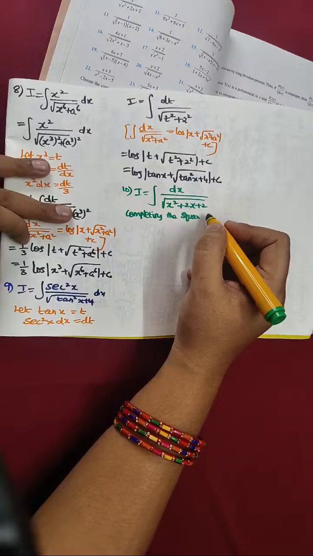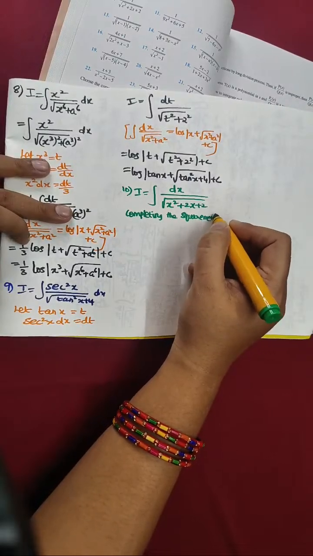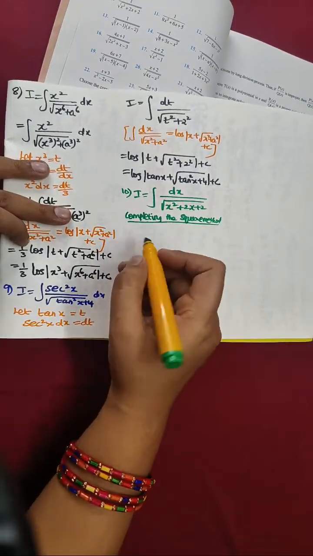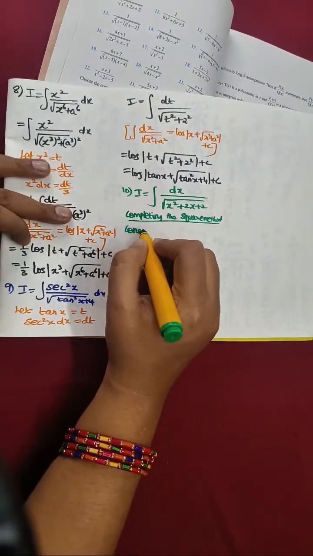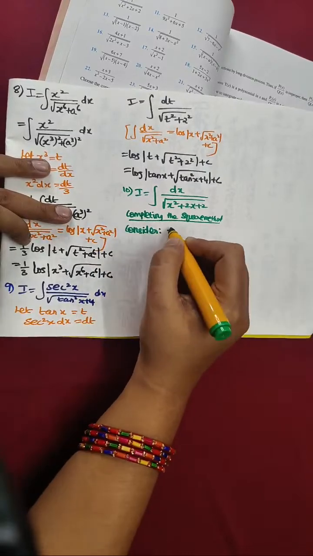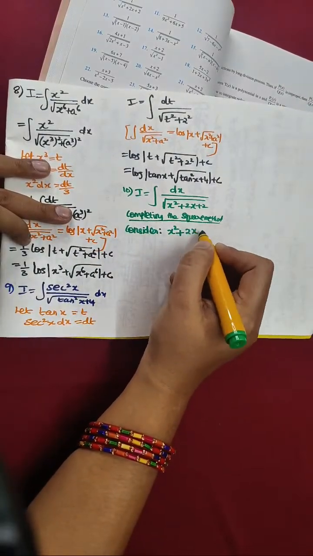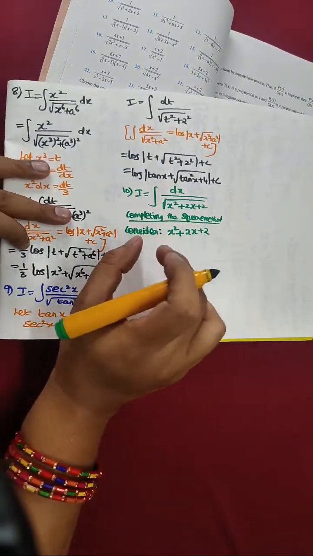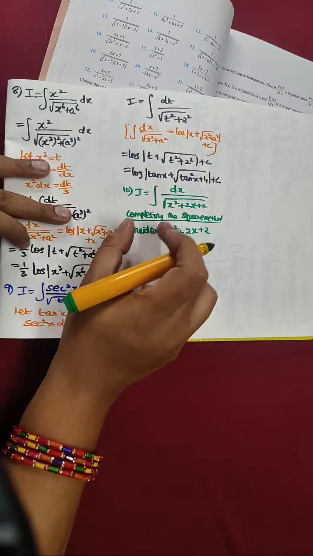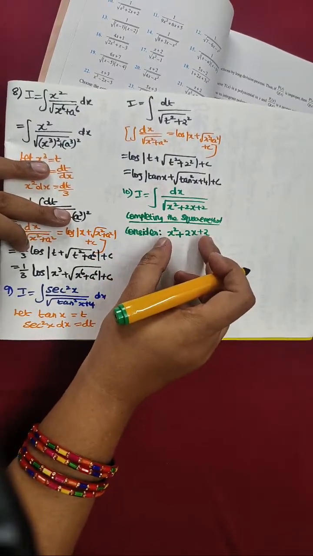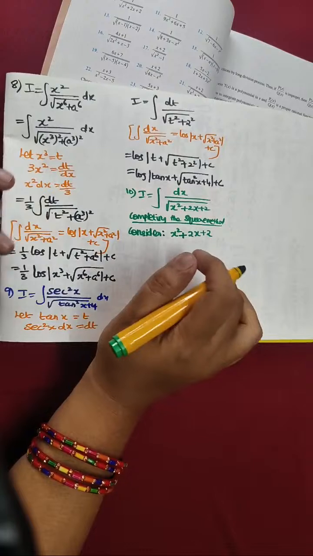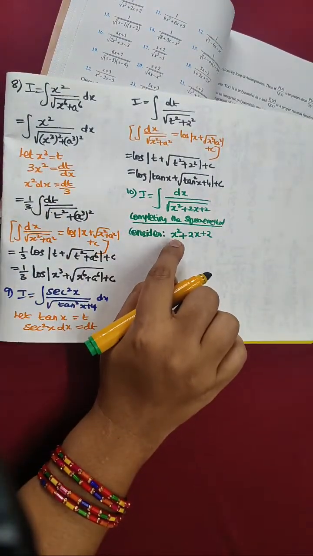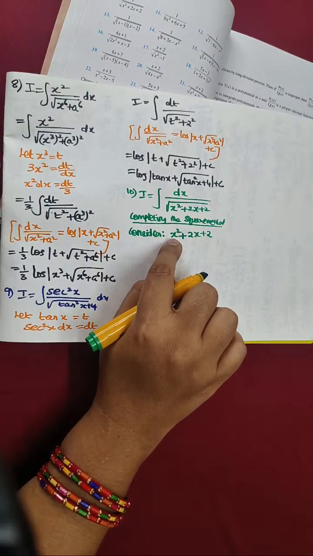So, completing the square method. Just write only the equation part. Consider, what we are going to take, x square plus 2x plus 2. Whatever the equation, write that equation part alone. Now, the first step is to check the coefficient of x square.